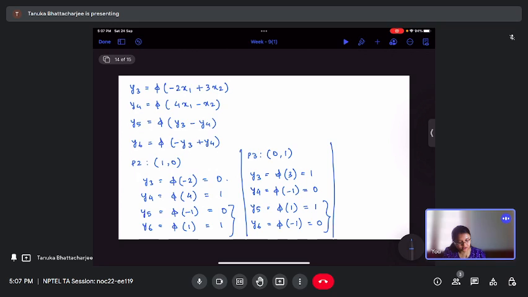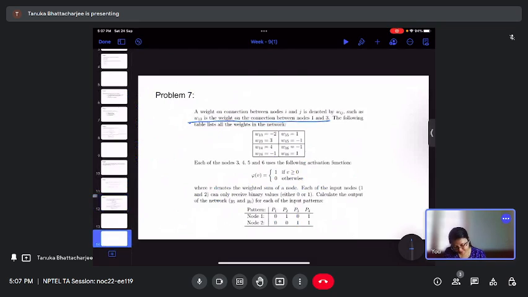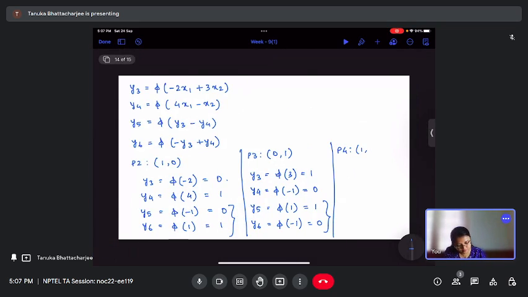And the last pattern you have is P4, which is 1 1. If you put 1 1, then your y3 will be phi of minus 2 plus 3, since both x1 and x2 are 1. So y3 will be phi of 1, that is equal to 1. Then your y4 will be phi of 4 minus 1, that is 3.